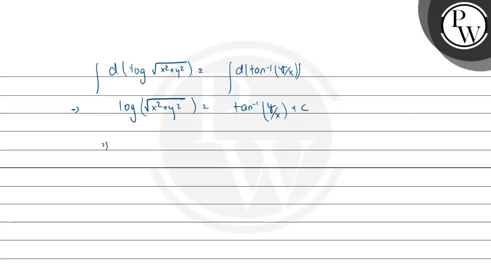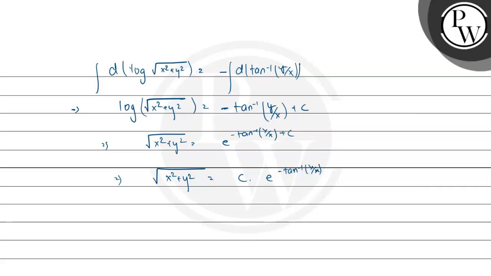If we take the exponent on both sides, under root of x square plus y square will be equal to e to the power minus tan inverse of y by x plus c. This is written as under root of x square plus y square equals c times e to the power minus tan inverse y by x, where c is some random constant.